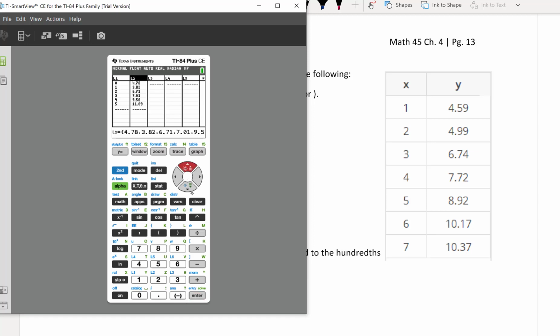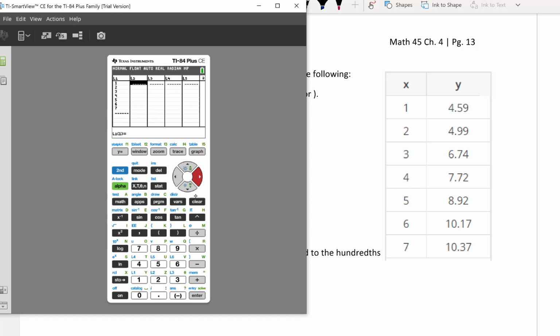So I'm going to go up, press Clear, go back down. Then I press Over, go back up, press Clear, go back down. So all of my X values go into L1. So I have 1, 2, 3, 4, 5, 6, and 7.